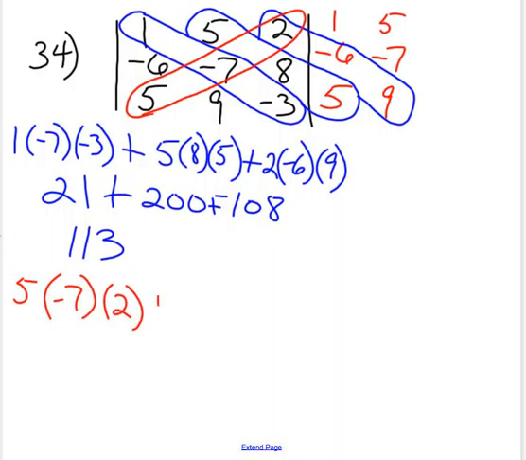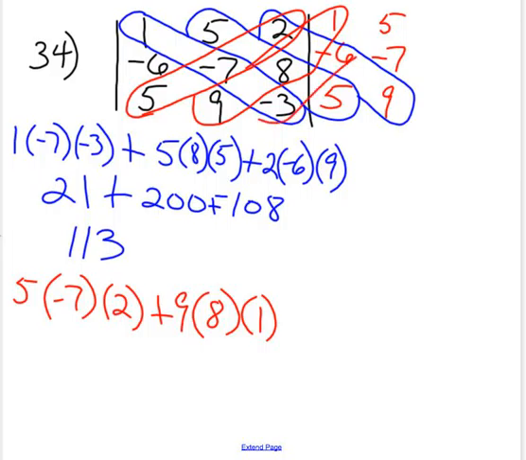And I have my next one, building off of row 3, column 2. 9 times 8 times 1. And I have one more that I can build off of from row 3. -3, -6, and 5.